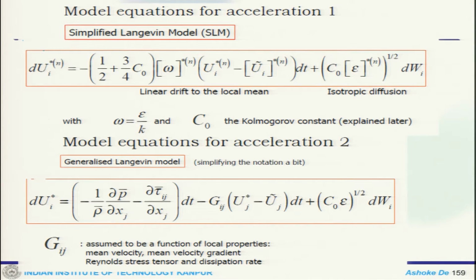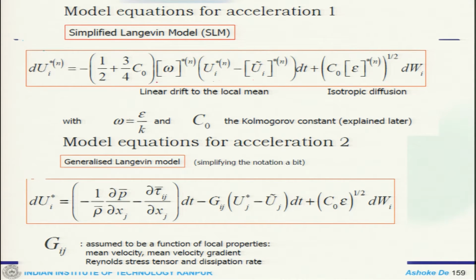Now, there are model equations which are often used for acceleration. One is the simplified Langevin model, which uses this dui star, and this is some model coefficient. This is omega, which is nothing but the turbulent frequency, and there is a difference of the instantaneous and mean velocity, and then there is an isotropic diffusion.